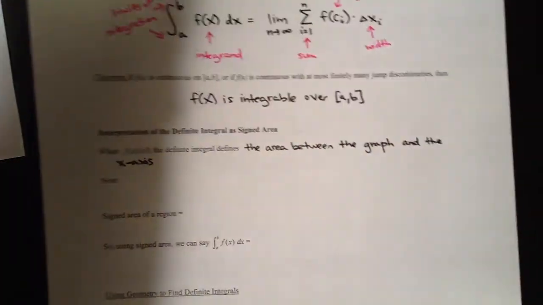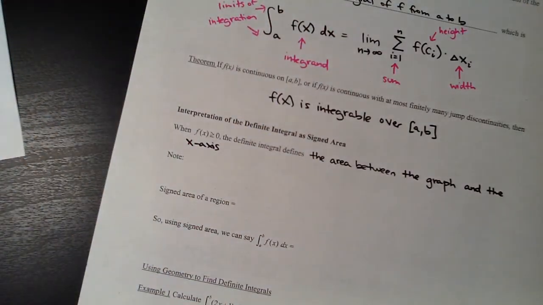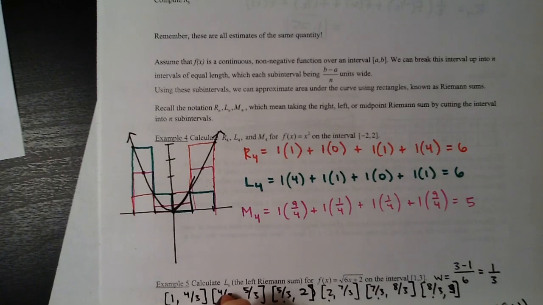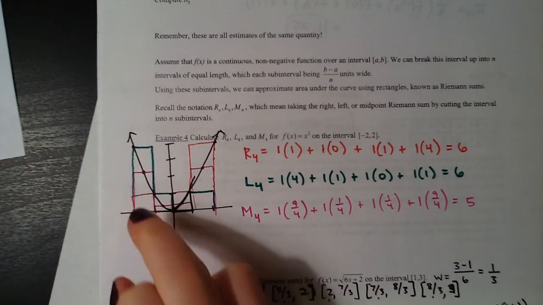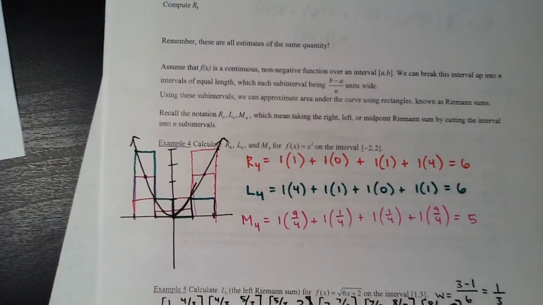And just for comparison's sake, I'm going to show you something that we did yesterday. We talked about, for instance, this definite integral is what we were approximating, and it represented the area in between this parabola and the x-axis. That's what we were trying to approximate.